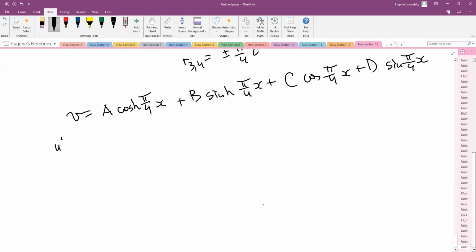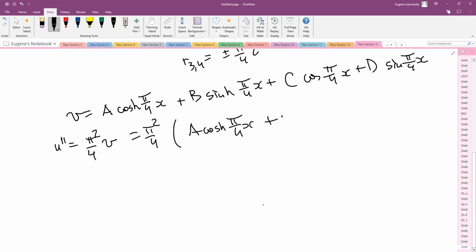U double prime equals pi squared over 4 times v, which is pi squared over 4, and we have a cosh of pi over 4x plus b sinh of pi over 4x plus c cos of pi over 4x plus d sine of pi over 4x.